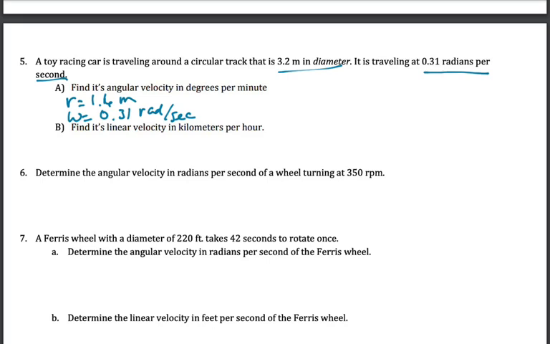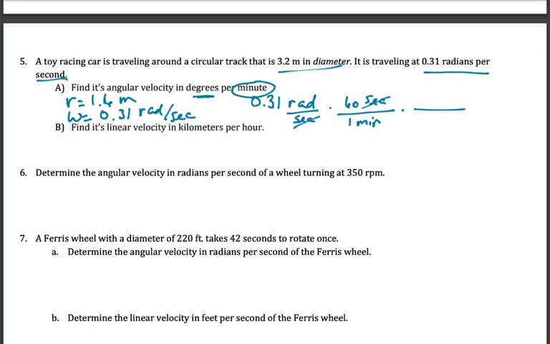So we've got 0.31 radians per second. I need to get rid of the seconds, so I need seconds to be on top. That way they'll cancel. There are 60 seconds in 1 minute, so that'll take care of the minutes part of the units. Now I need to change radians to degrees.